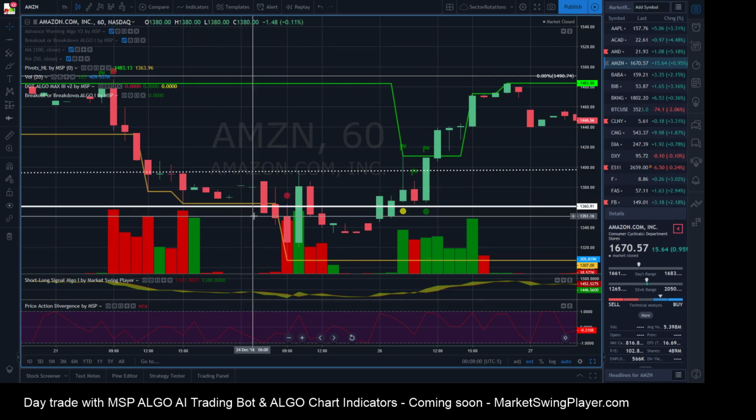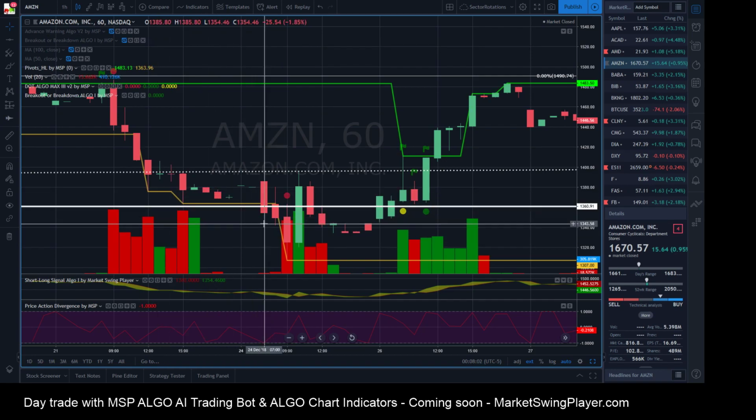So at 0940, we knew a few things. One, we knew price broke extreme support. What does it mean to say extreme support or extreme resistance?